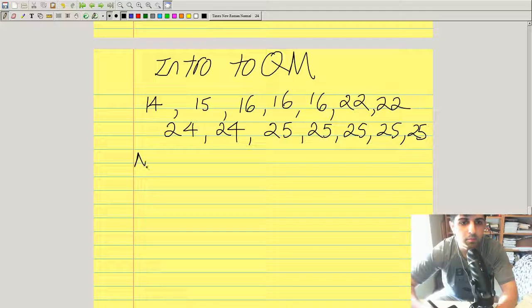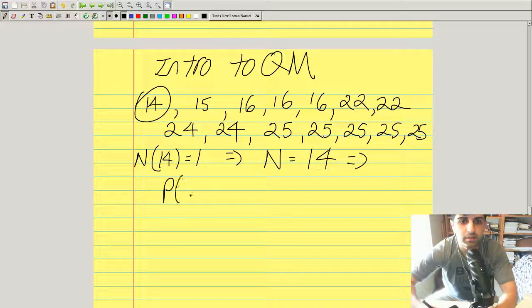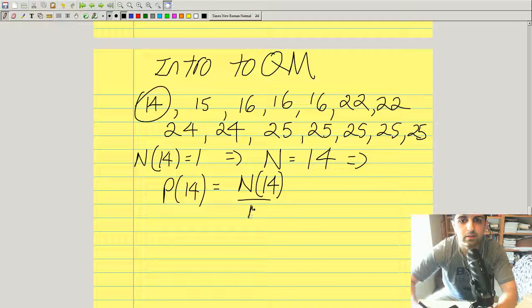Well, the number of elements at age 14 is 1, right? It's just this guy, okay? And the total number of elements, N, equals 14. There were 14 people. And so what that means is the probability of drawing 14 is N of 14 divided by N, which is 1 out of 14.